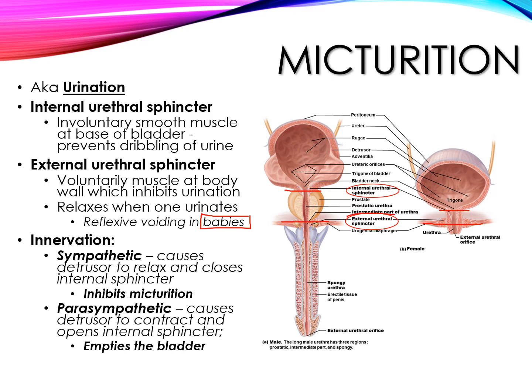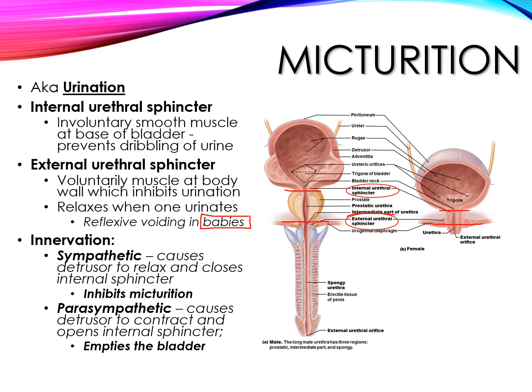So babies have what's called reflexive voiding, meaning that they don't have control over that and they just urinate whenever their bladder gets full enough. Okay, that's why when you change diapers, right, you might get urinated in the face. So babies have to learn how to control that external sphincter, right? And then hopefully we maintain that control.